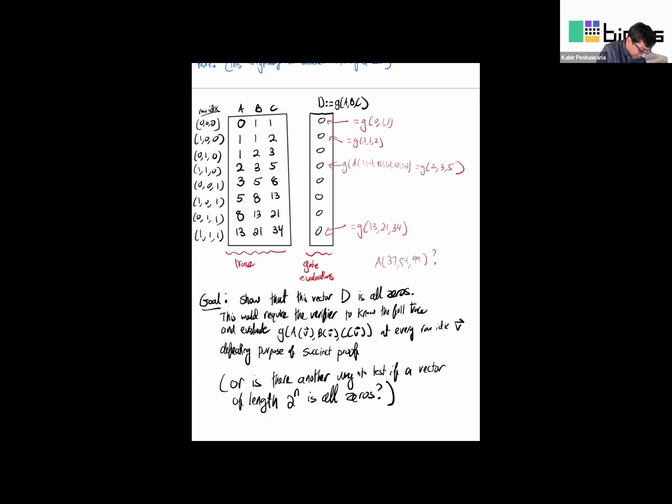We can only do that if we have the multilinear extension of A. So by having a polynomial commitment scheme that allows us to give the verifier a short proof of what A or B or C's multilinear extension evaluated at a random point would be, the verifier will have an easy way to evaluate what the multilinear extension of D would be at a random point in better than linear time, linear in the size of this trace.